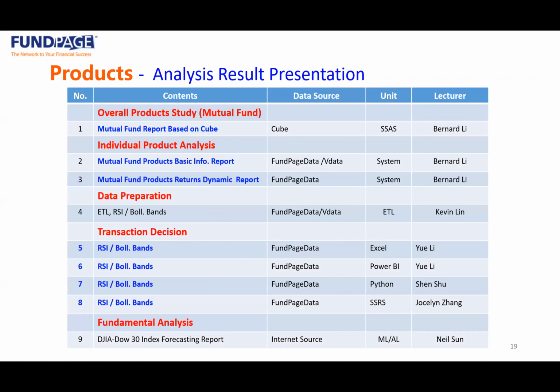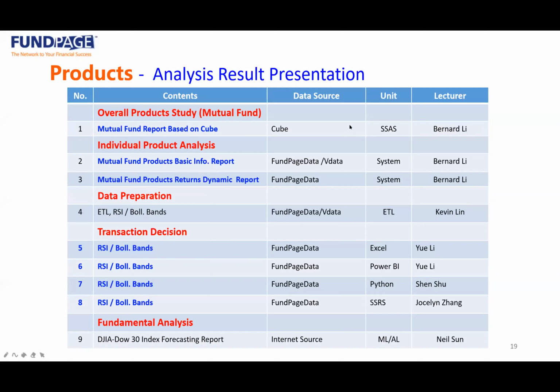As we introduced before, we have many units altogether, and due to limited time, today we just selected some of them to present reports. The three parts are overall products, individual products, and data preparation, transaction decisions and fundamental analysis.